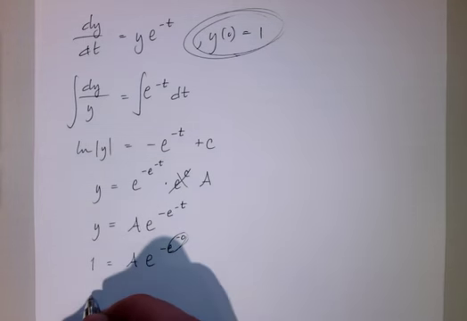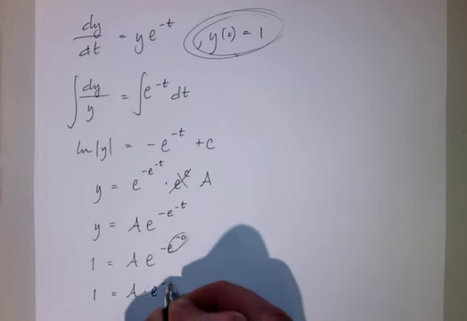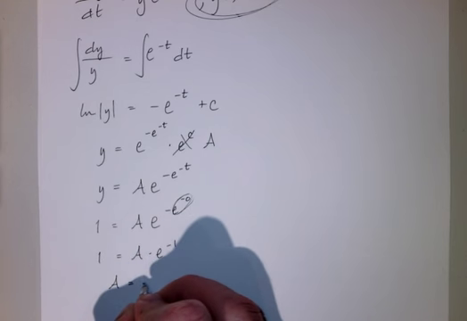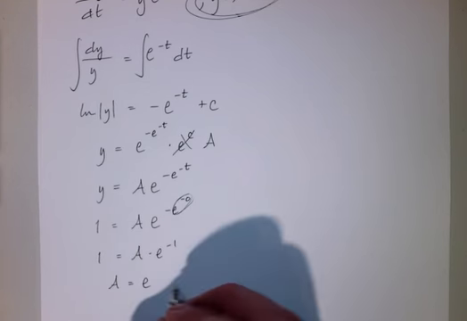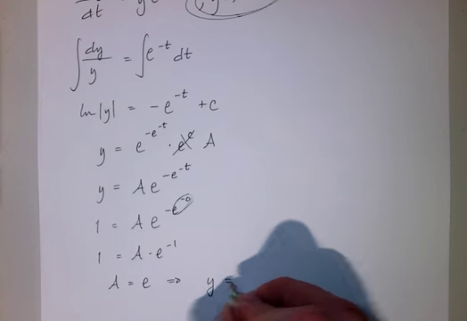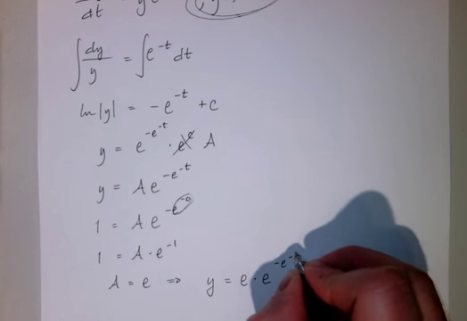So that winds up being 1 is equal to a times e to the negative 1, or a is equal to e.